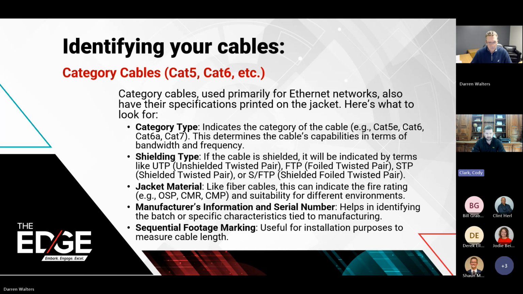This is important when we talk about warranty and claim issues: the manufacturer is going to want to know what lot that came from, to see if they had other warranty complaints from that same lot, whether it's an isolated incident or a bigger issue. Then your footage marking is great for installation purposes and knowing how much you've got left on your box.